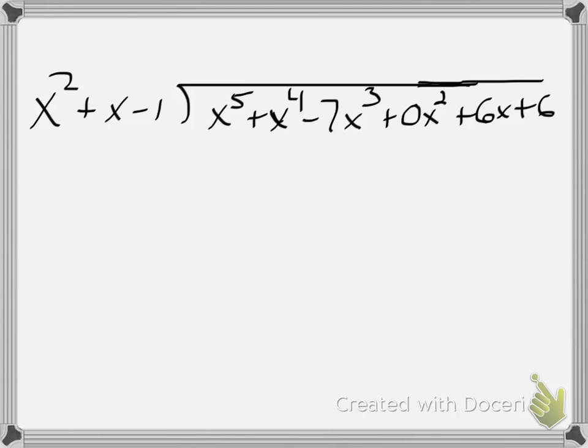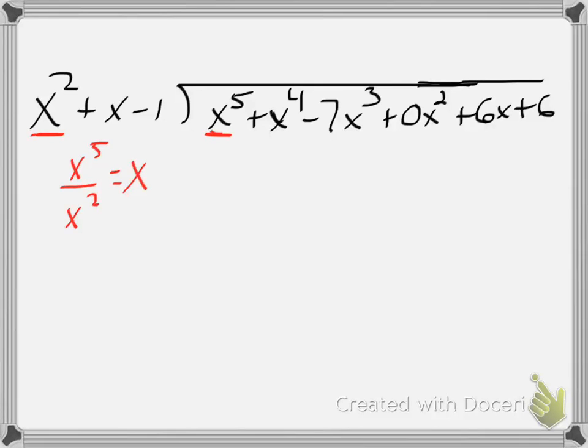When I do long division, I'm going to focus on the first term of both my divisor and dividend. So my first term here, and I'm going to divide. I'm going to say what is x to the fifth divided by x squared.